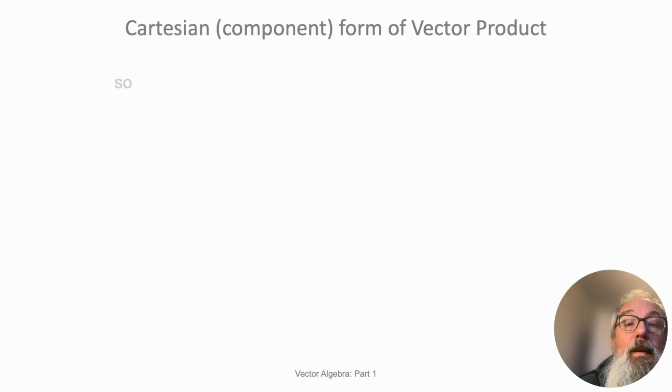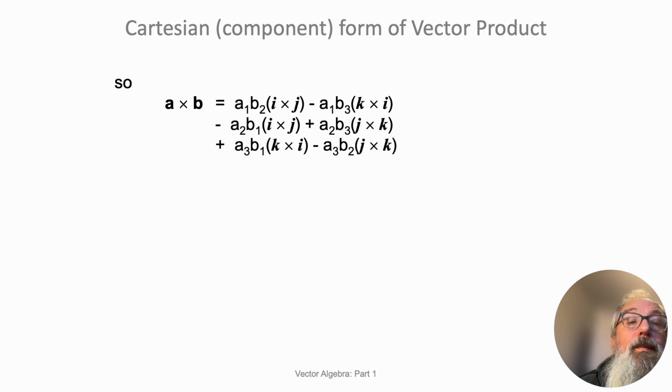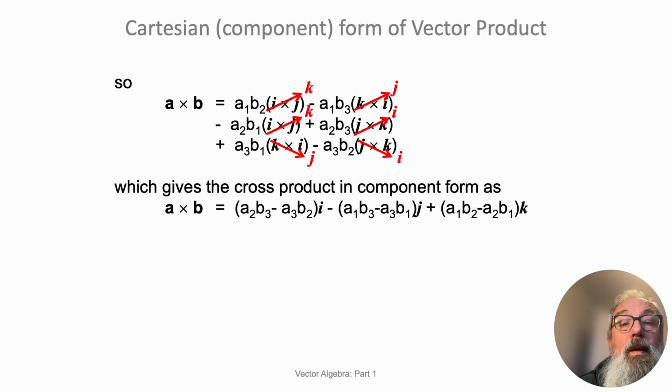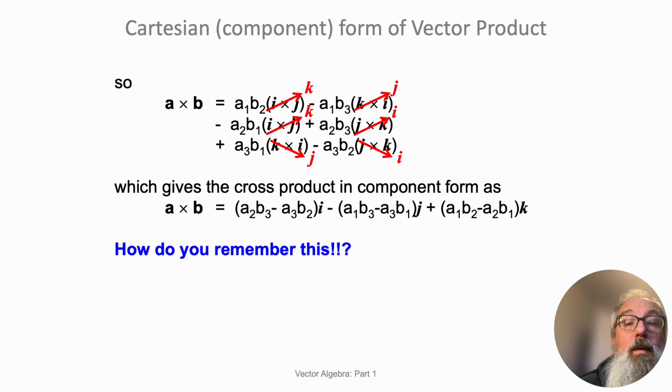So A cross B in vector terms can be written like this, and then further simplified to give us this cross product as something which is a lot simpler, but not necessarily easy to remember.